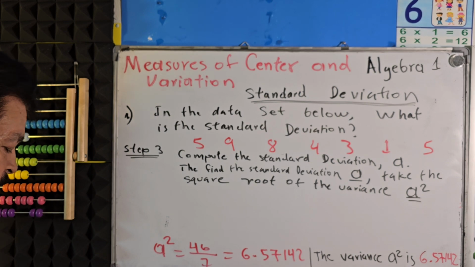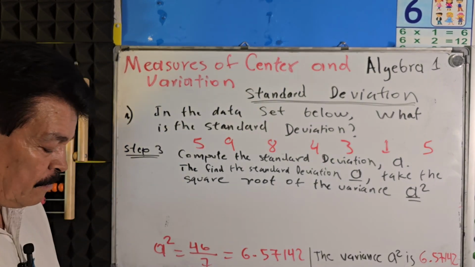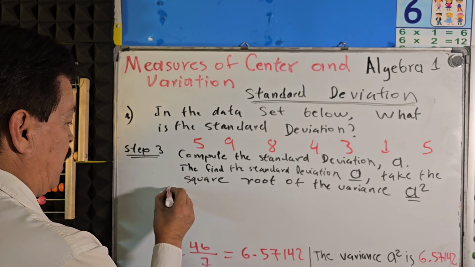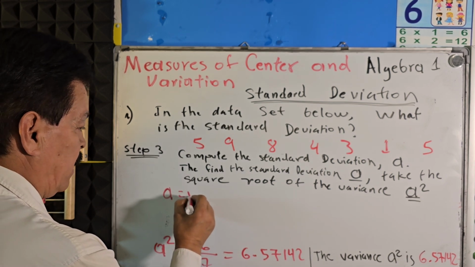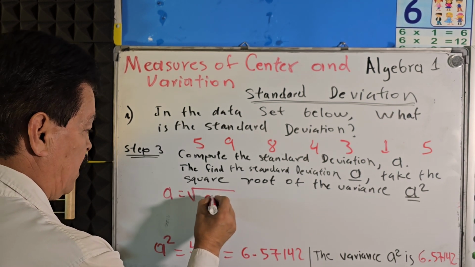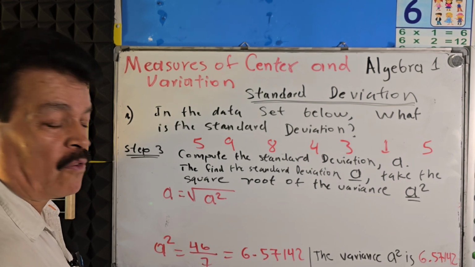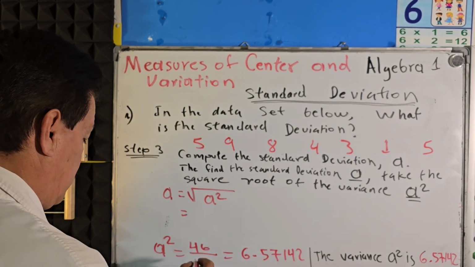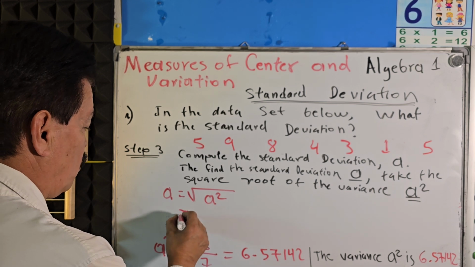Okay, you have the number right there. And then we write the standard deviation equals the square root of a squared. That's our formula.